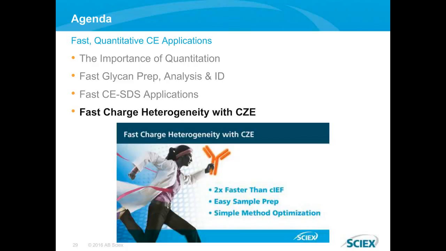So there it is. Do you currently perform charge heterogeneity assays? And if you do, how do you do them, either on a P800 Plus, another CE system, or using HPLC with something like ion exchange chromatography? Or if you're not doing any right now, not at this time.